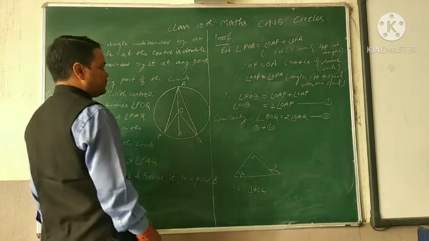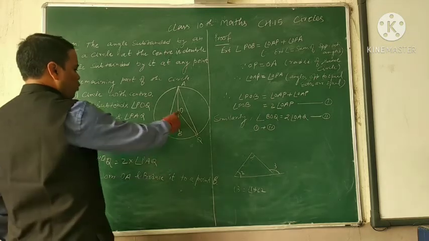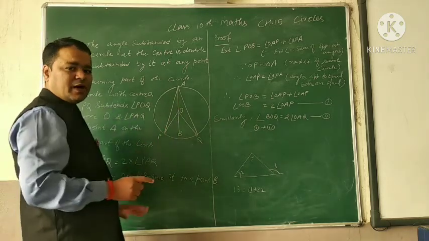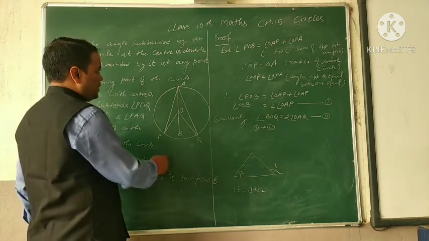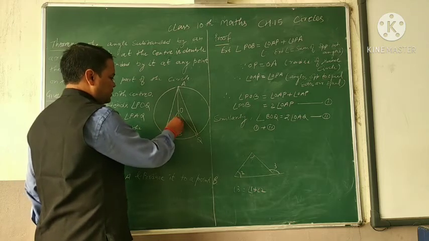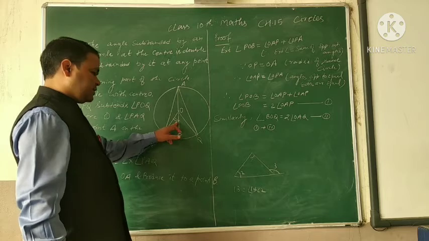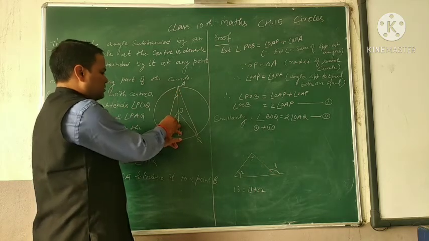In triangle OAP, angle POB is the exterior angle. This is the exterior angle, and the exterior angle is equal to the sum of the opposite interior angles.